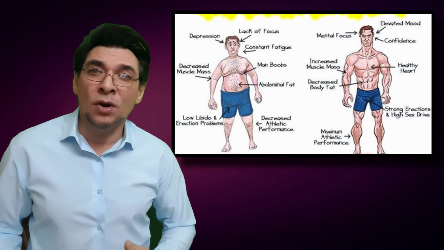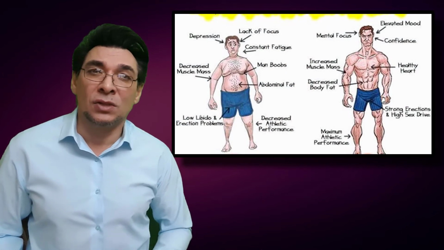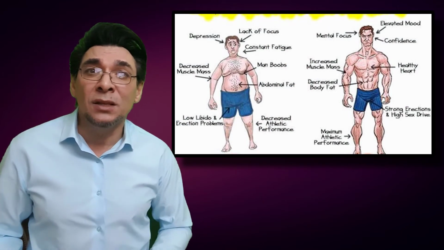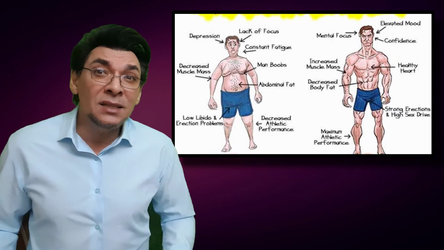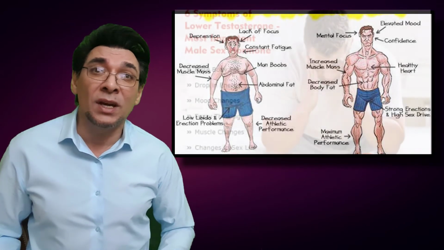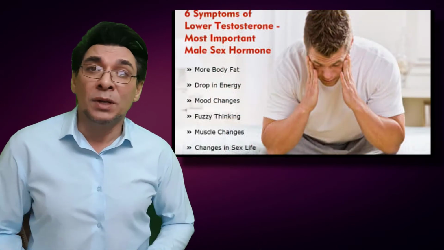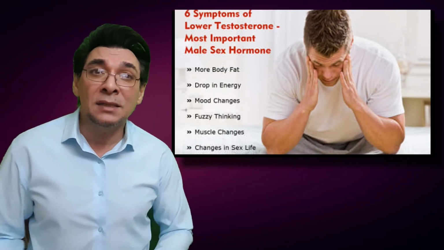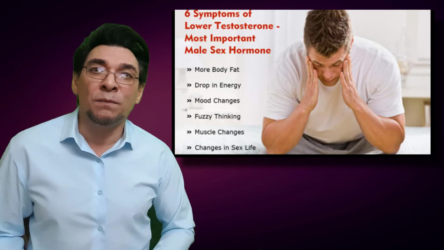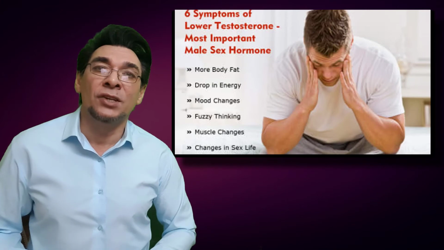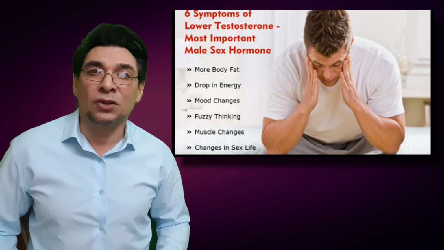The main sex hormone in the male is testosterone, which is secreted by the testes. It's responsible for the growth and development of the male reproductive structures, muscle enlargement, the growth of body hair, voice changes, and the male sexual drive.